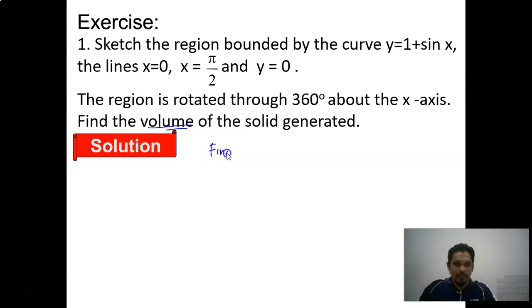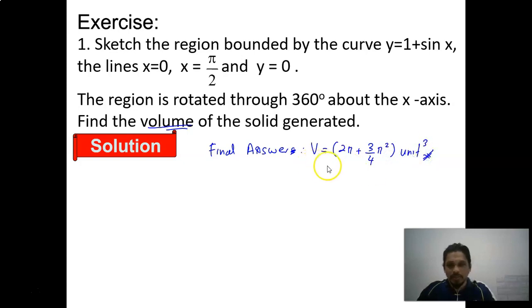The final answer for this, volume equals 2 pi plus 3 over 4 pi squared unit cube. Try by yourself, and hopefully you can make out the result. It helps you to continue with the rest of your tutorial and past year questions.